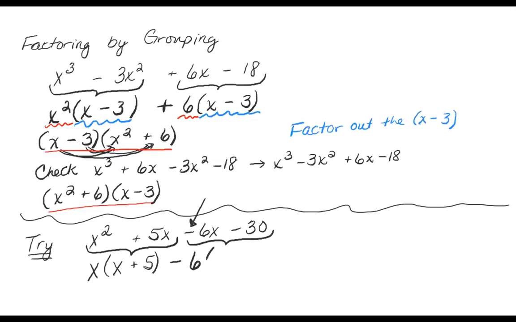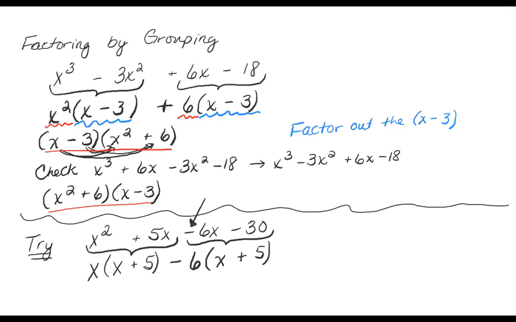When I factor out a negative 6, I'm left with x. Negative 6 times x is negative 6x plus 5. Remember, when you multiply by a negative, it changes the sign, and when you factor out a negative, it's going to change the sign. Because when I distribute this back through, negative 6 times 5 is negative 30.